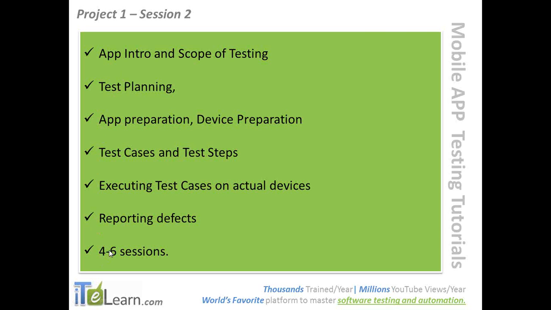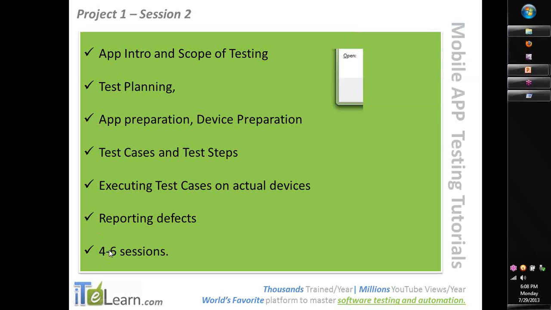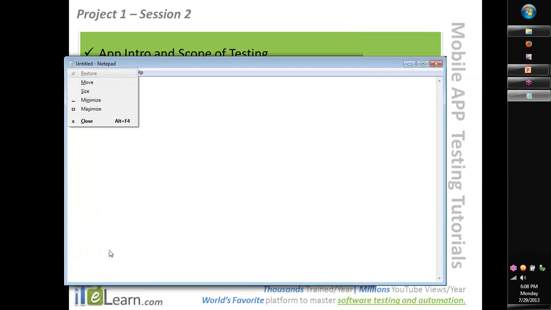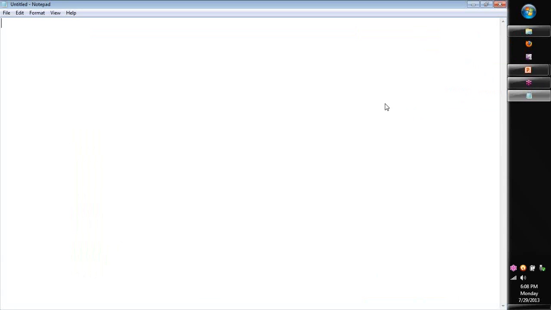All right. So now, team, before I move forward, let me give you a quick idea about what we're trying to do. At any given point in time, you will see that applications go through different releases, right? So you have a release 1, then a release 2, then a release 3, and so on.